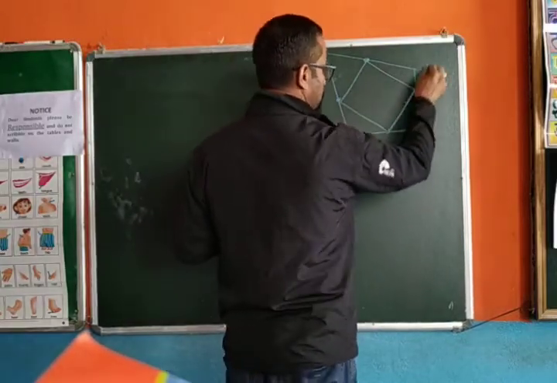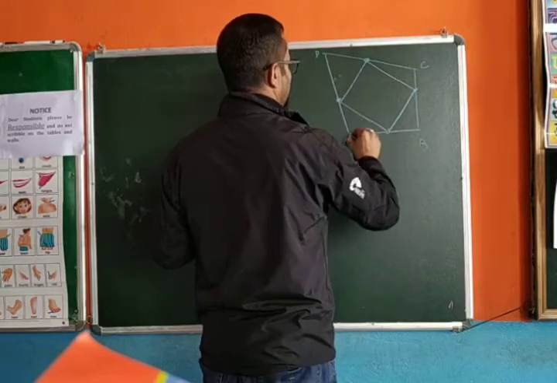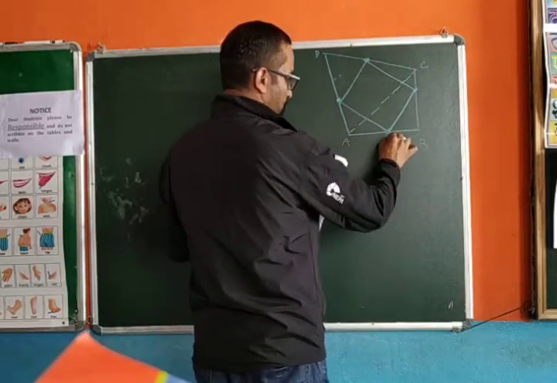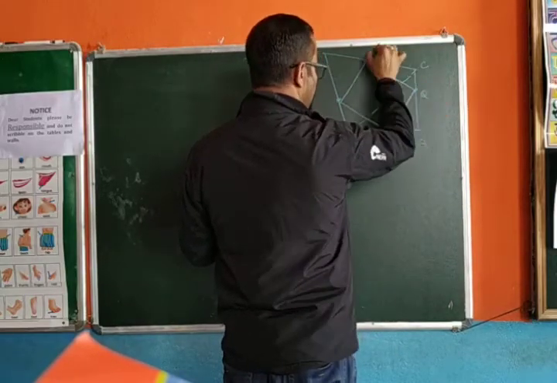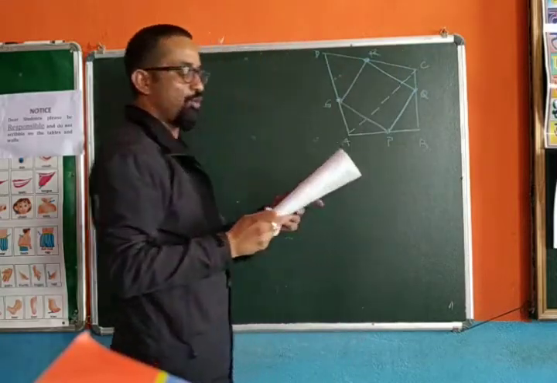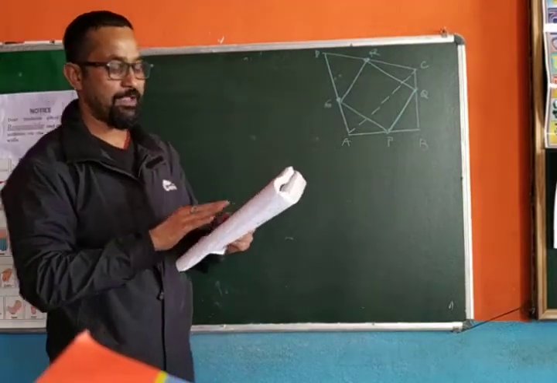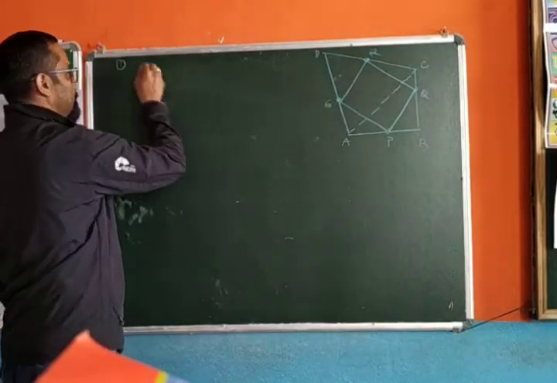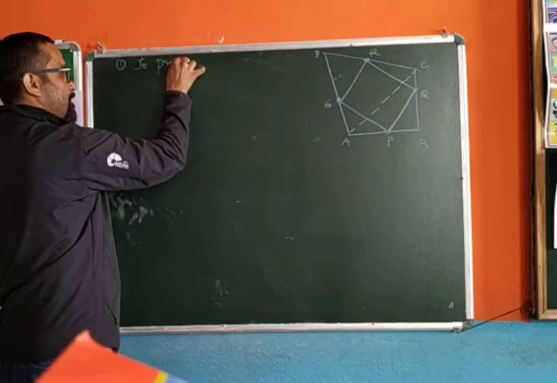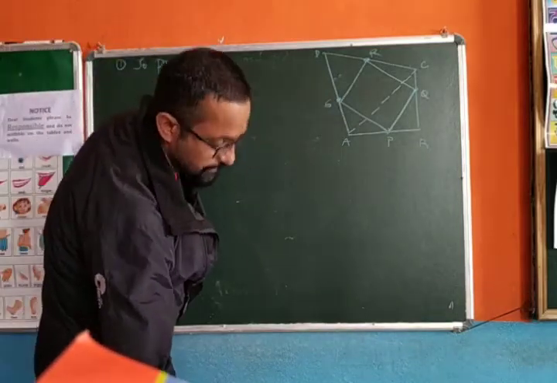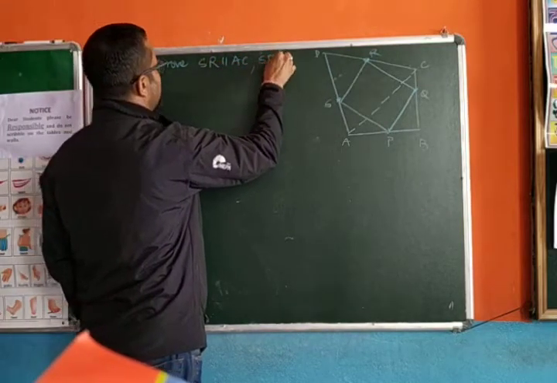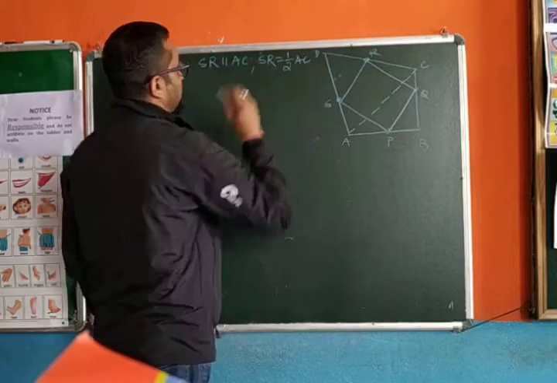ABCD, AC is the diagonal. P, Q, R, S are midpoints of sides AB, BC, CD, DA. AC is the diagonal. To prove number 1, to prove SR is parallel to AC, SR is equal to half of AC.